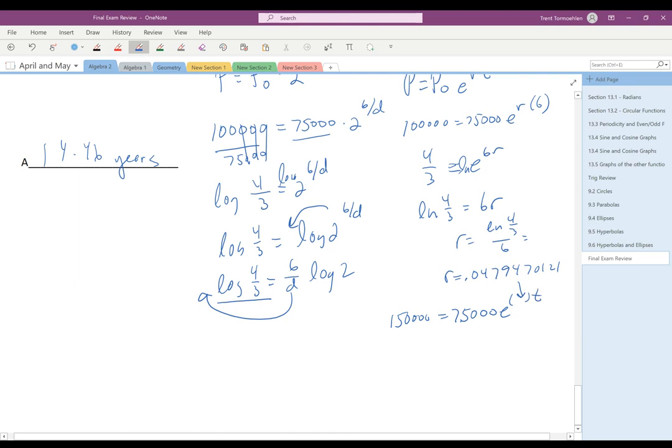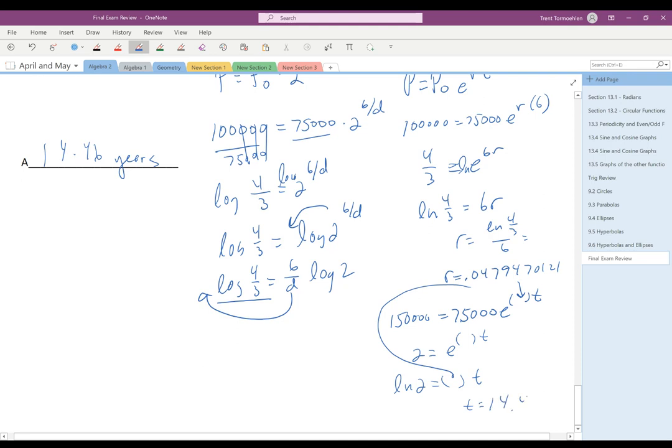Divide by 75,000, you get 2 equals e to the rt. When we take the natural log of both sides, we get the natural log of 2 equals r times t. So we just divide the natural log of 2 by our answer for r, and we get the same 14.46 answer.